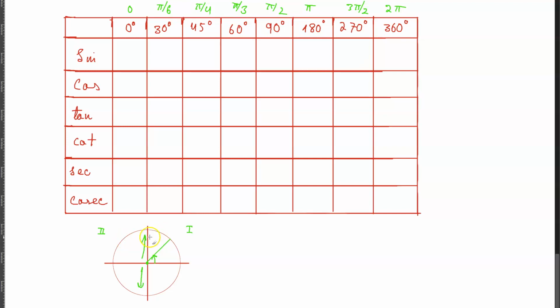And then the value of the sine of that angle would be this length on the unit circle. This length on this axis is basically the sine of alpha, right?